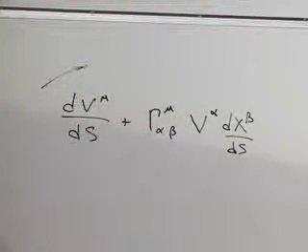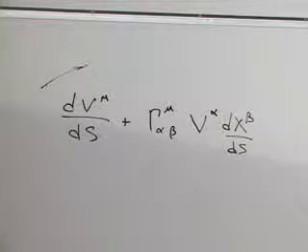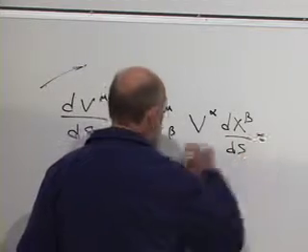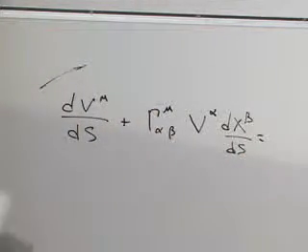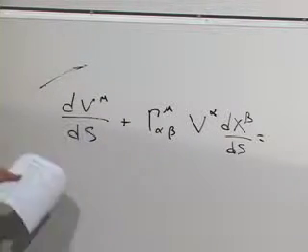That was the covariant derivative of the vector v along the curve parameterized by s. If I want to set that equal to 0, then I have an immediate formula for how the components of v should change along s.